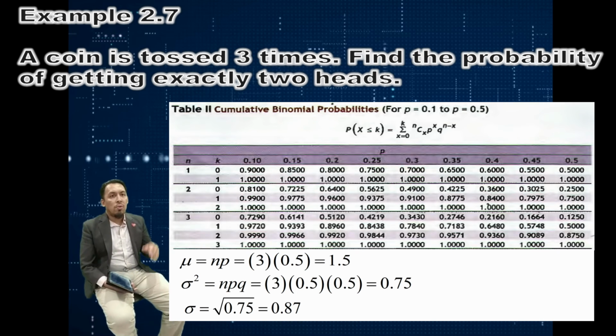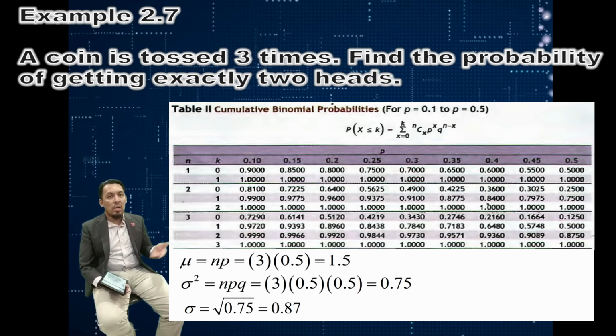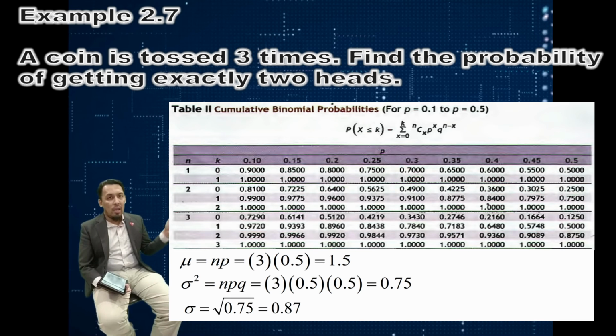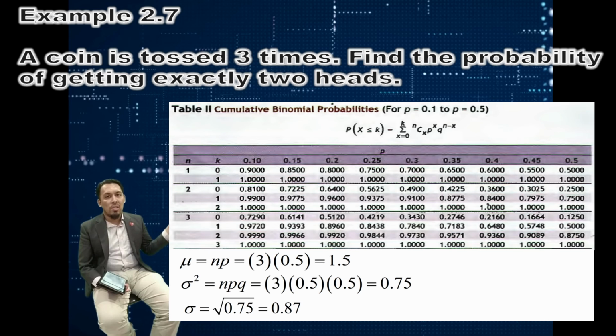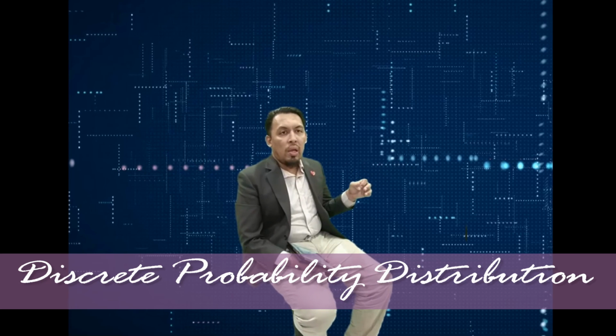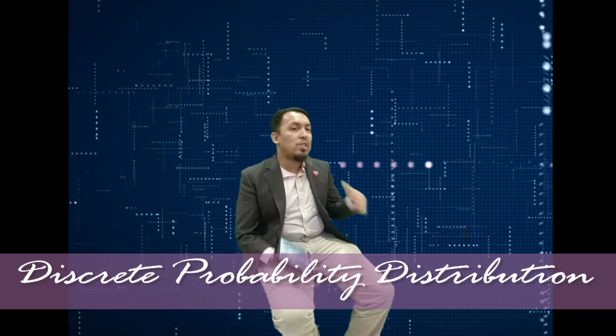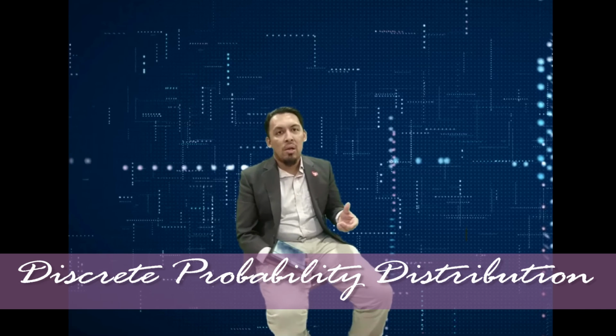However, for the experiment of tossing a coin like this, the mean number of heads, which is 1.5, with the variance of 0.75, is not really possible, because the variable is actually discrete.